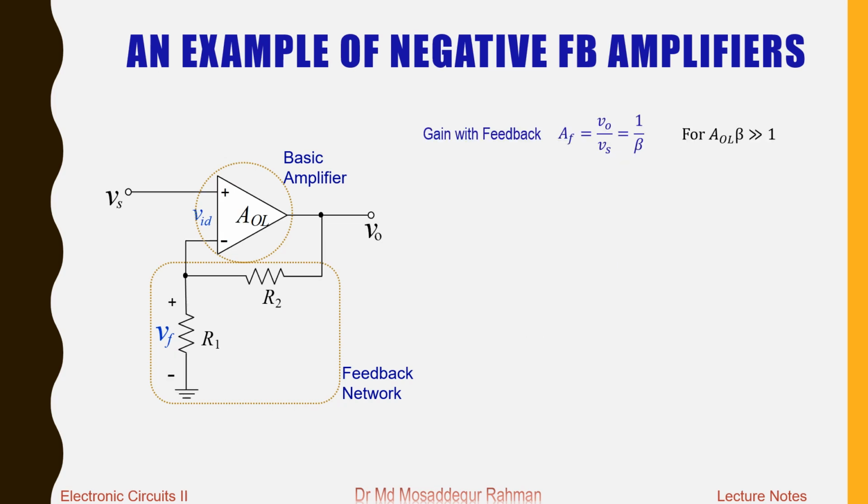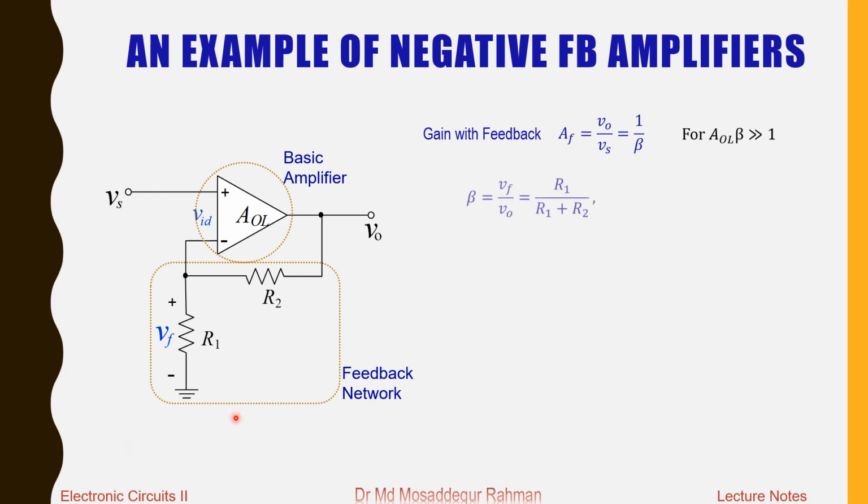So now, in order to determine the gain of this op-amp based feedback amplifier, we need to determine the feedback factor beta. If you can find out the feedback factor beta, you can determine the gain with feedback. So what is the feedback factor beta?